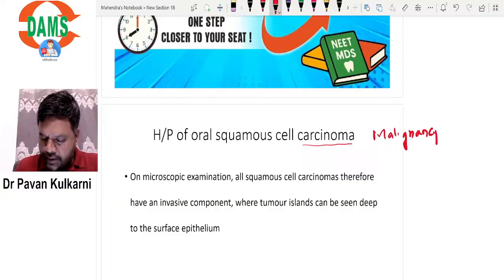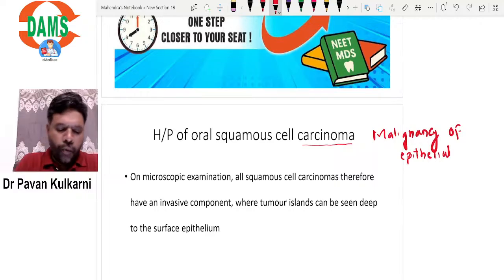And if malignancy arises from the epithelium, we call it carcinoma. So malignancy of epithelial tissue is basically carcinoma. The important point here is that the origin is from the epithelium.